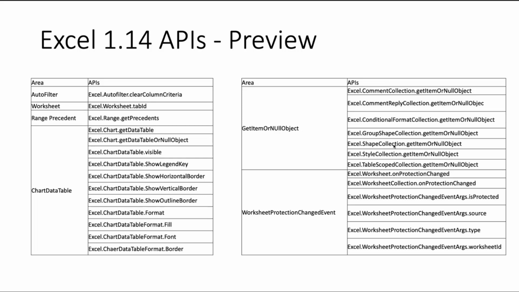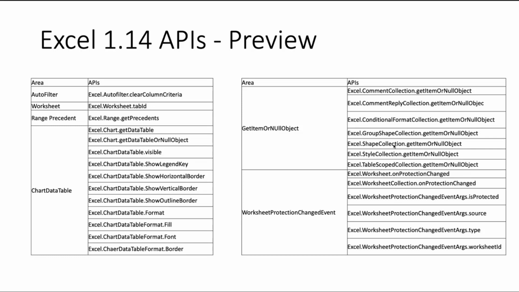We have released the range get direct precedents API, and this one will allow you to get the full precedents from this range. And we're also going to release the chart data table API.